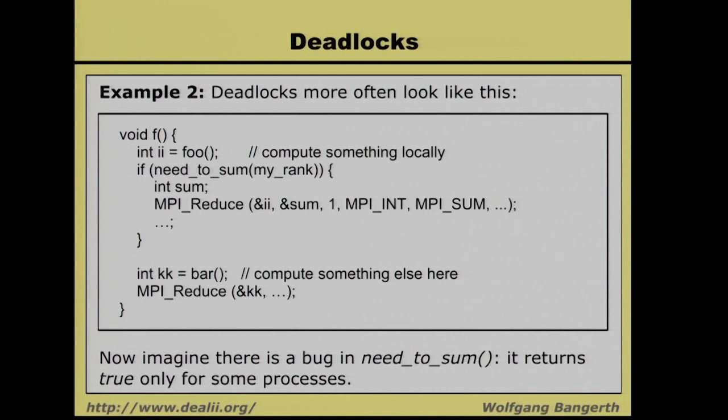Imagine the situation where this function need to sum returns true for processor 0 and false for processor 1. What that's going to do is that processor 0 goes into this block and is going to call MPI reduce, whereas processor 1 is going to jump straight over it and go into this MPI reduce. And if you get really unlucky, processor 1 is going to send its variable kk, and processor 0 is going to think that it participates in this particular reduction operation and add it up.